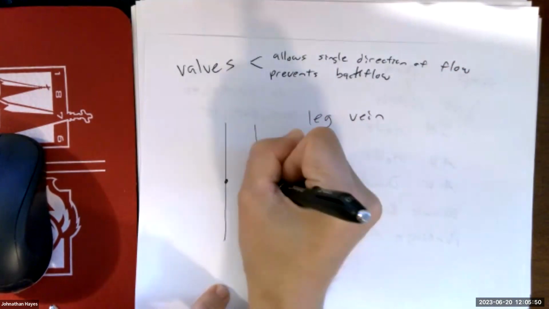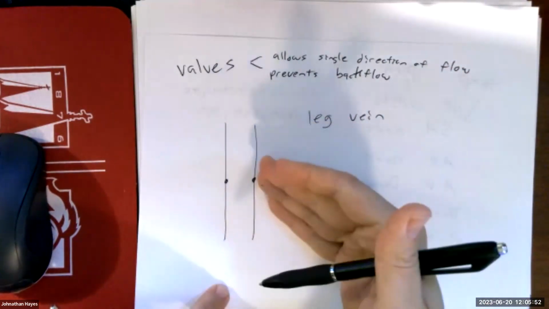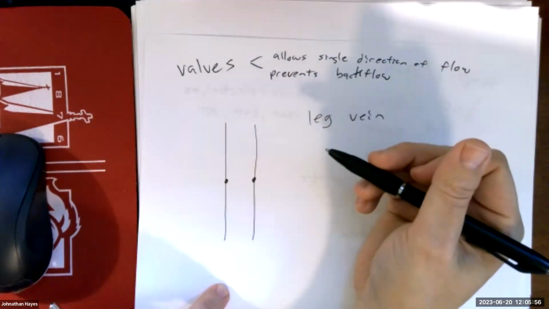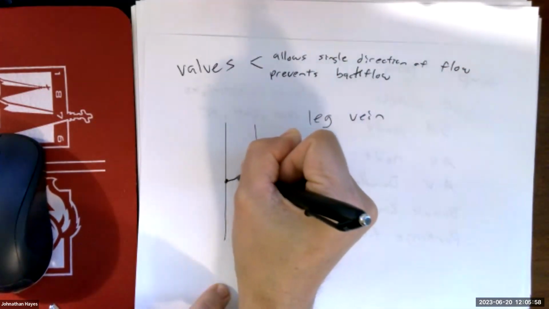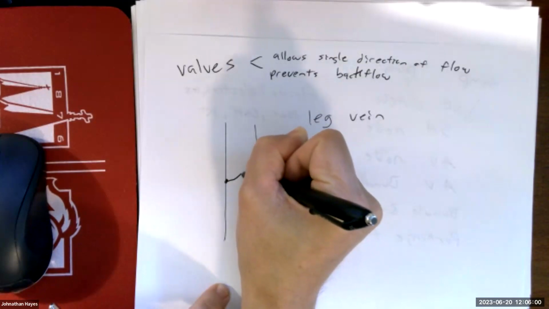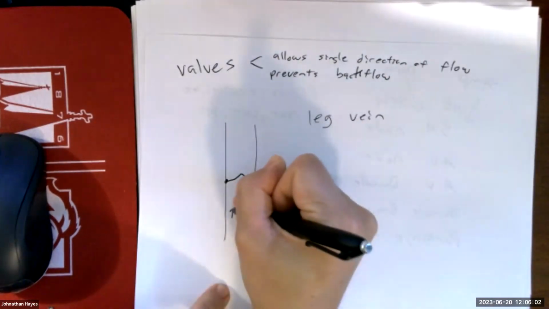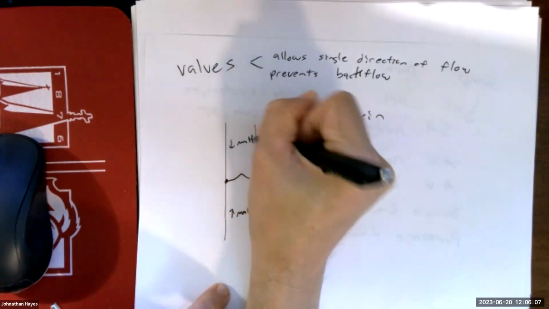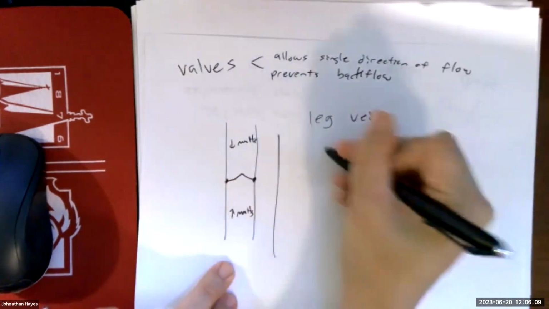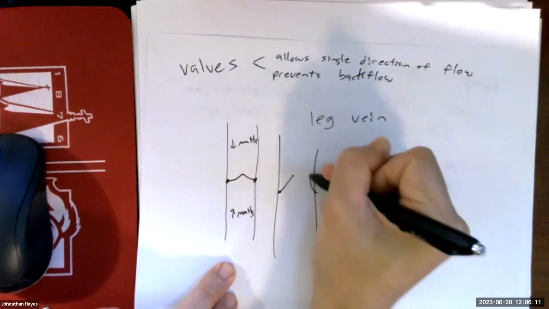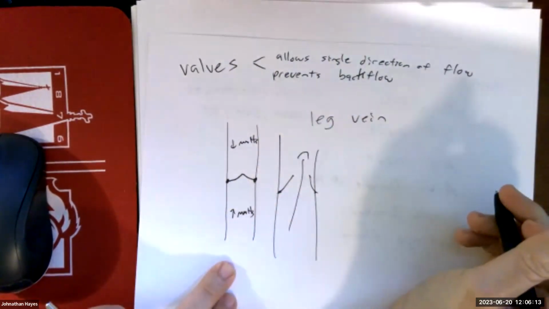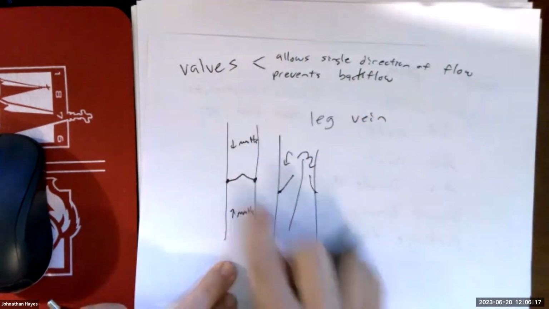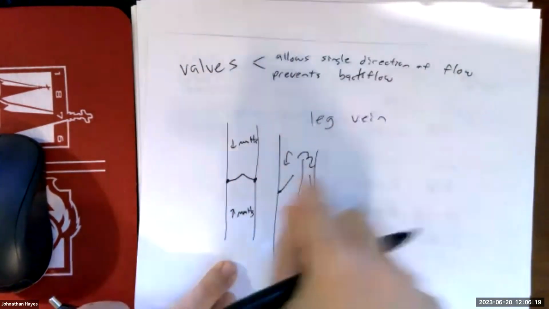So valves work based off pressure differentials on either side of the valve, and think about it like a hinged door. If this is the little door right here, and this is another little door right here, if I have more pressure on this side than I do this side, then that'll push the valve open, so blood is allowed to pass through. But now let's say blood tries to drop back down. That's why I'm drawing a leg vein, because we're going up and it's easy to visualize.